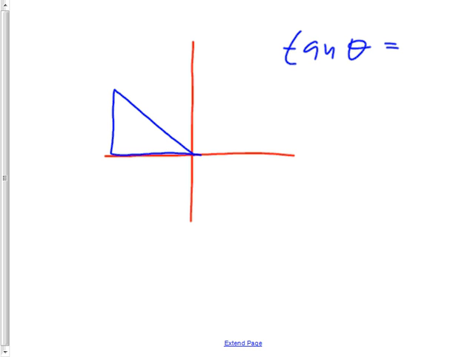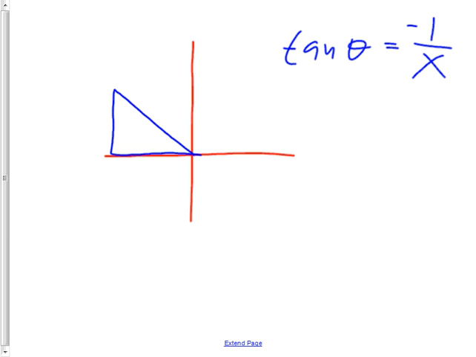Let me give you an example. Let's say I gave you a triangle and it was in the second quadrant and it had a tangent of 1 over x. First of all, what's wrong with this situation? Tangent's not positive there. Good. How about if I make it like this?